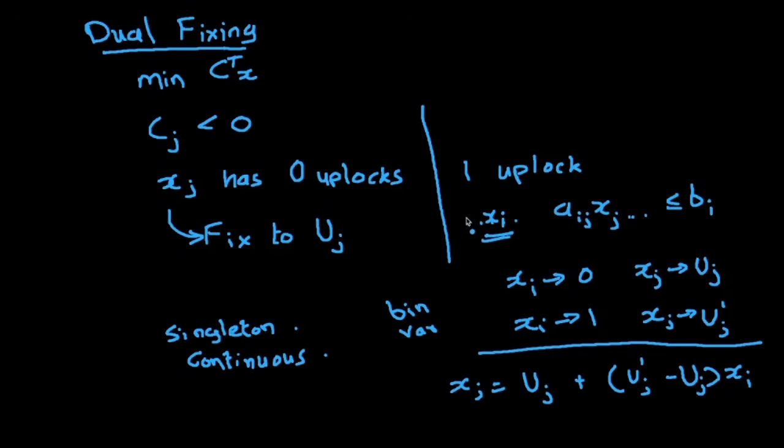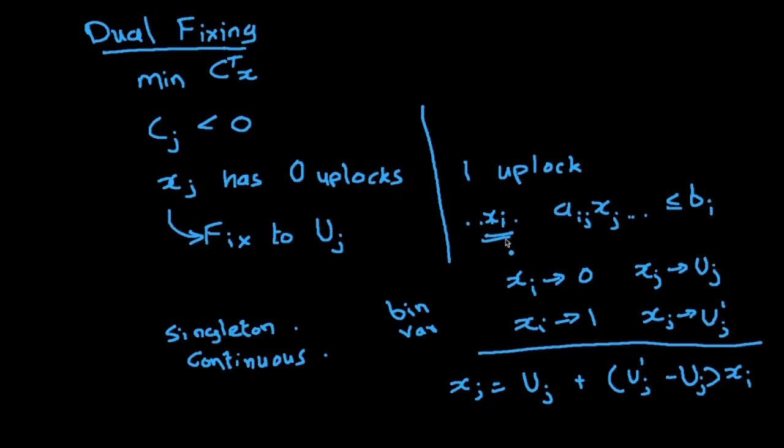So for example, let's say the coefficient for this xi is positive and we move xj to its upper bound, then we should be able to decrease xi to a lower value such that it is still within the bounds and this constraint is still satisfied. So in other words, this xi variable is compensating for this xj variable, and therefore we can fix this xj variable to its upper bound.